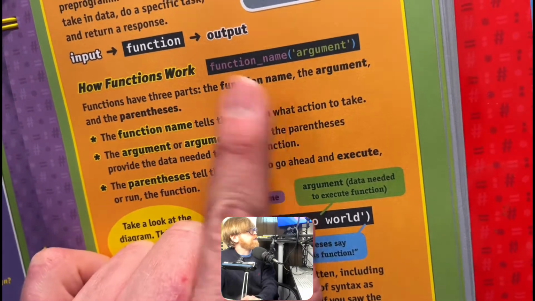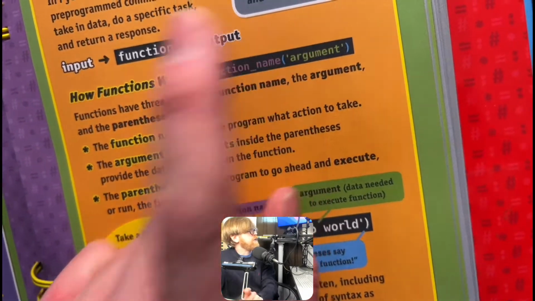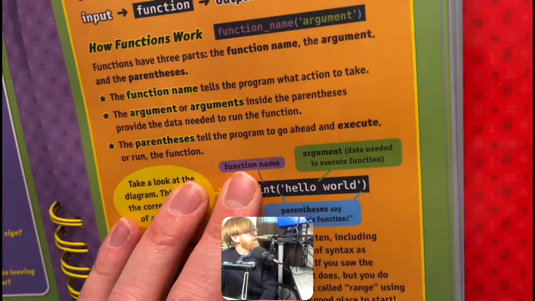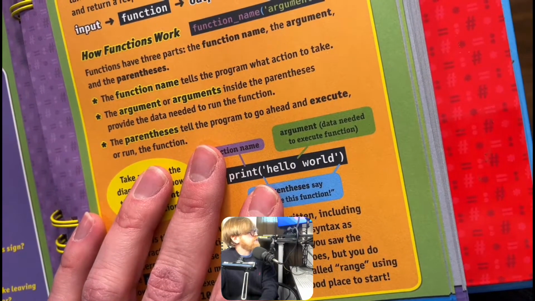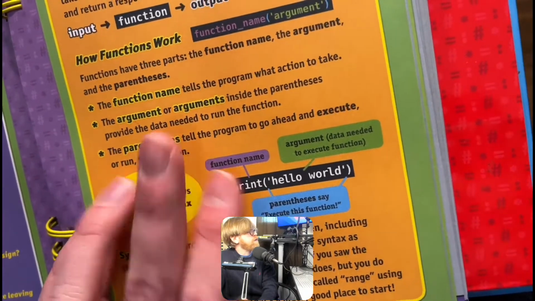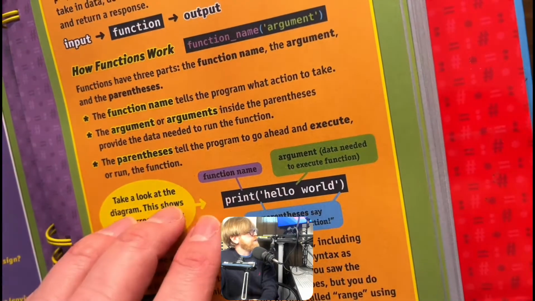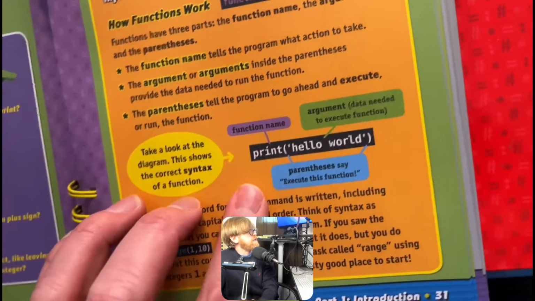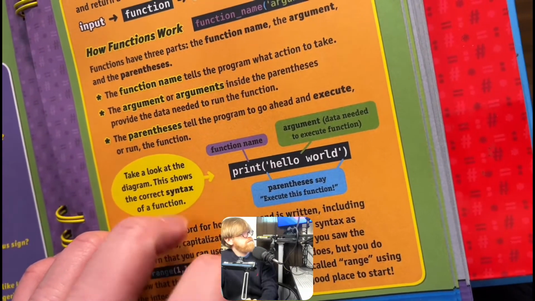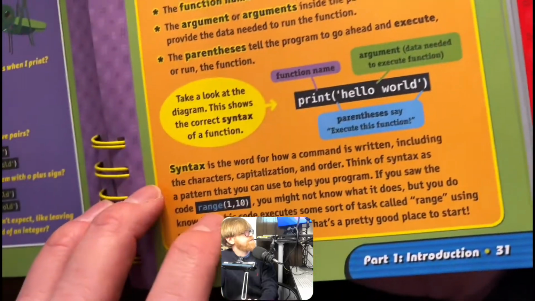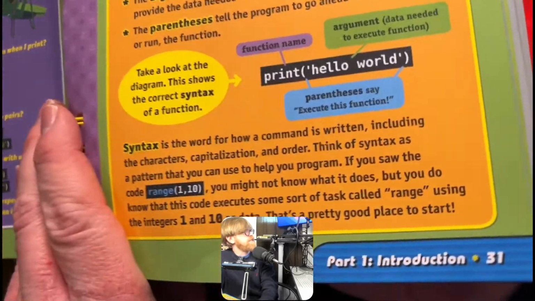Functions have three parts: the function name, the argument, that's what's going in, and parentheses. And the function tells the program what action to take. So the argument or arguments, so we could do multiple, and the parentheses. Okay. There it is. Hello world, and this print is just a function, and that's the syntax.